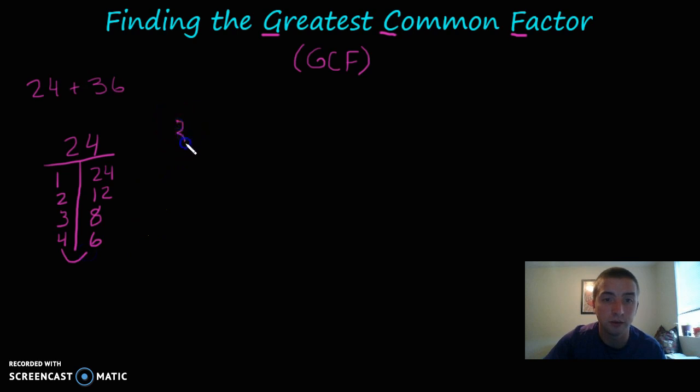And if I do the same thing for 36, I know 1 and 36. I know 2 works again because 36 is even. I know 3 works because 3 plus 6 is 9. 9 is divisible by 3, so 3 times 12. I know 4 works again because I look at my 2 and 18 is even, so now I can divide it again in half, so 9.